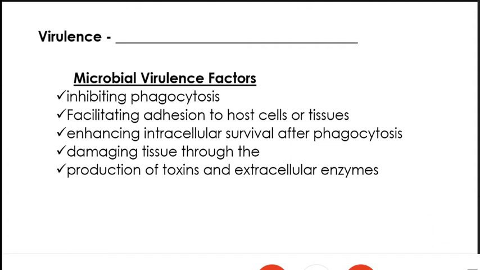So you are all right in saying that virulence, going back to pathogenicity, is also the ability of a microorganism to cause a disease or the degree. Okay, so related sila.